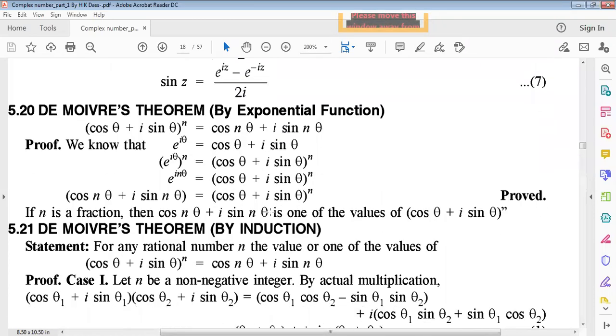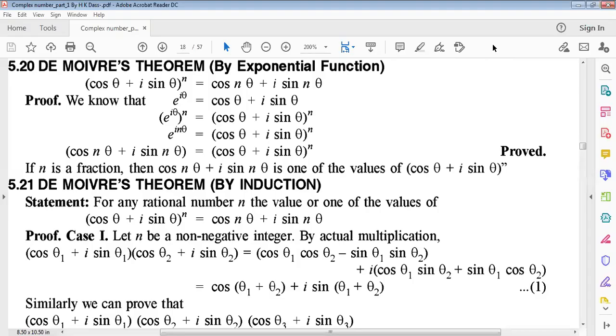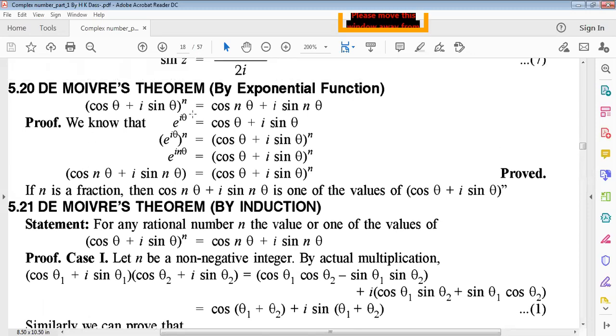Now we will discuss a very important theorem for you. This is called de Moivre's theorem, by the exponential function. De Moivre's theorem states that (cos theta plus i sin theta) to the power n equals cos n theta plus i sin n theta.